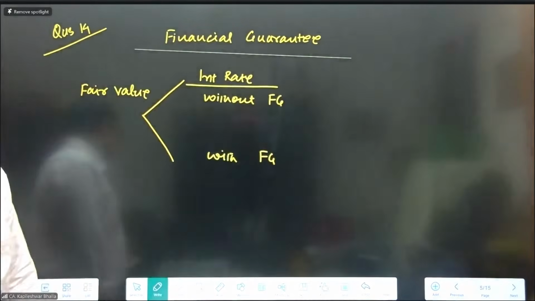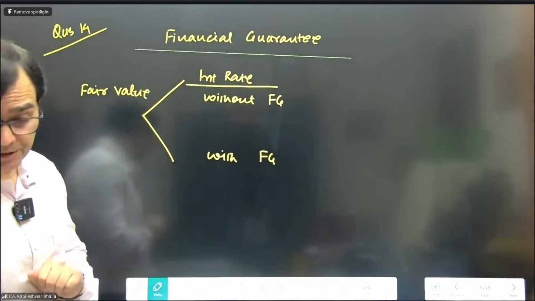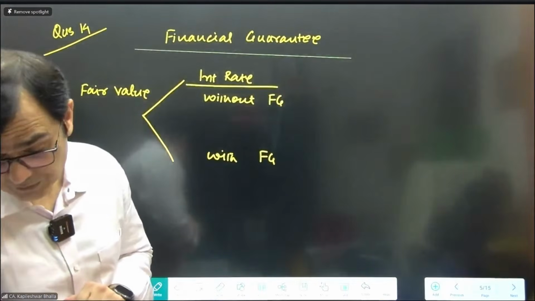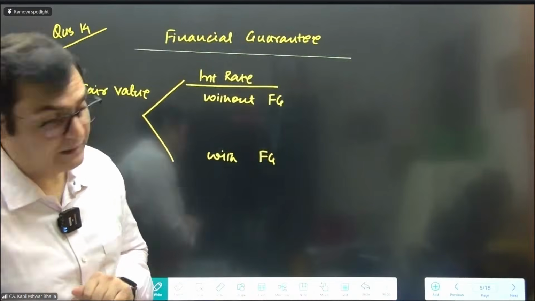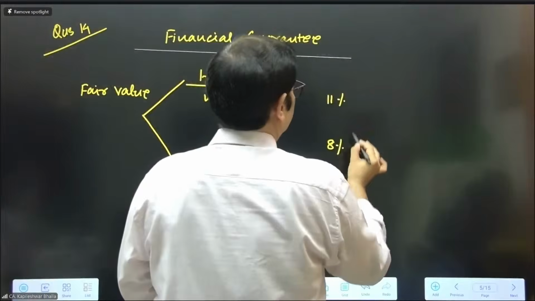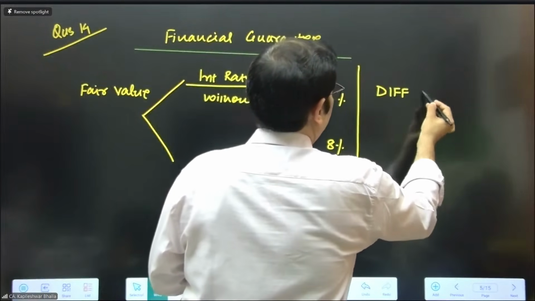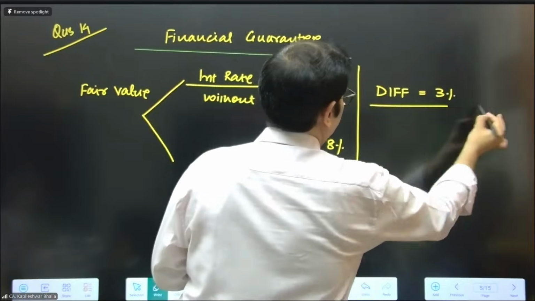Very clearly the instructions are given in the question that the interest rate without the financial guarantee is 11%, and this is 8%. So the difference in this case works out at 3%.